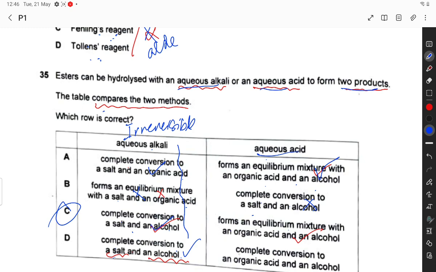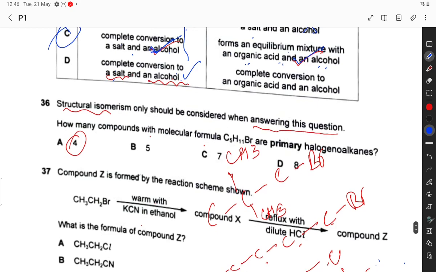Forms an equilibrium mixture with an organic acid and an alcohol, yes, this is correct, because this is a reversible reaction when hydrolyzing with acid. And in this column this is correct, so C option is correct.